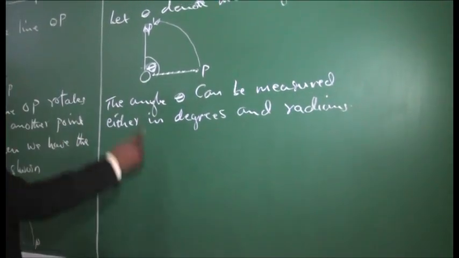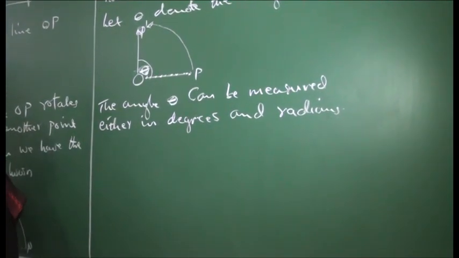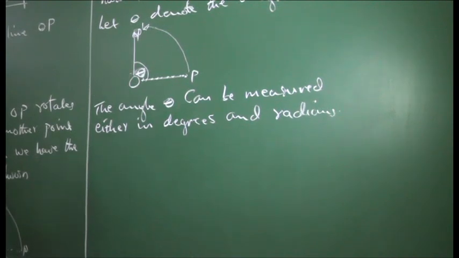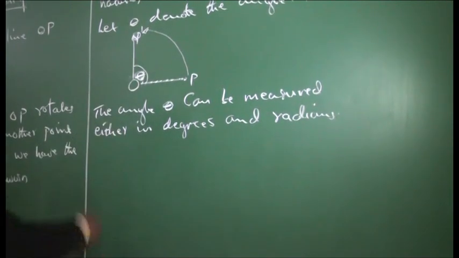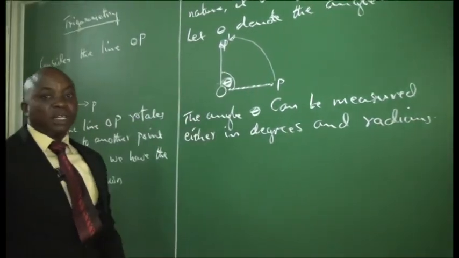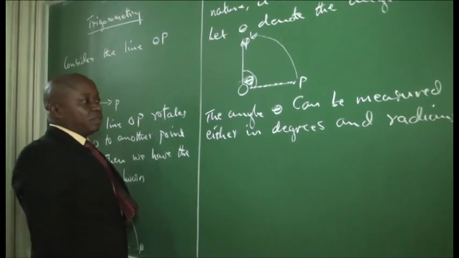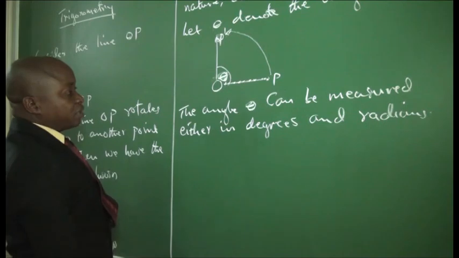You can measure this angle either in degrees or in radians. Now, when a line rotates in this form, the angle measured is what we call circular measure. The angle that is formed there, when we measure it, that is what we call circular measure.